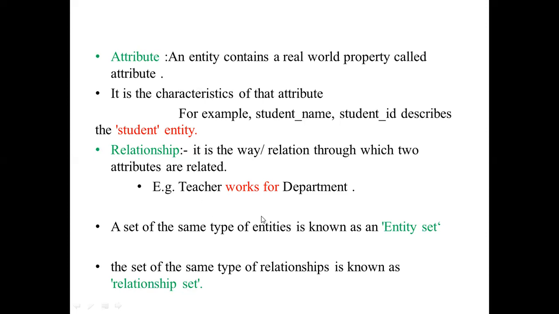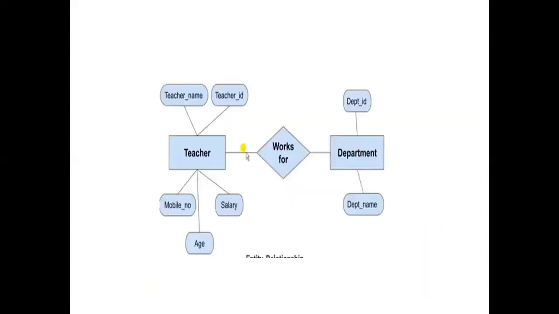So this works for is called a relationship. A set of the same type of entity is called an entity set, and a set of the same type of relationship is called a relationship set.